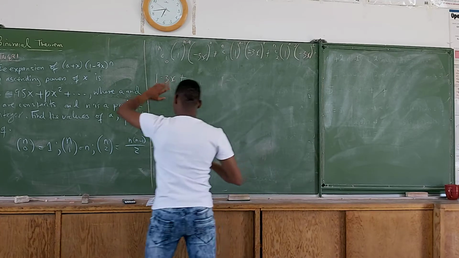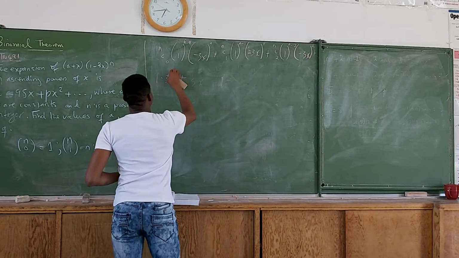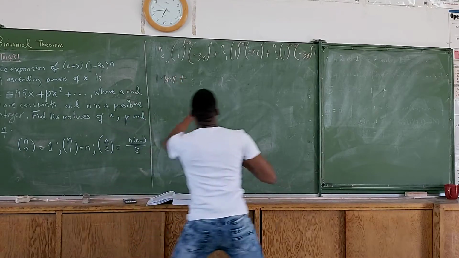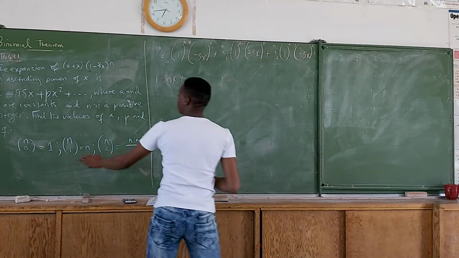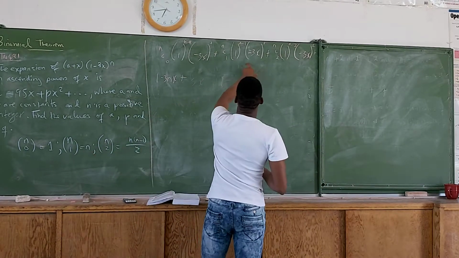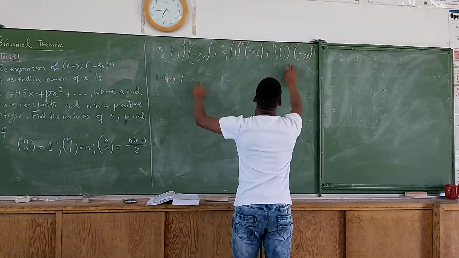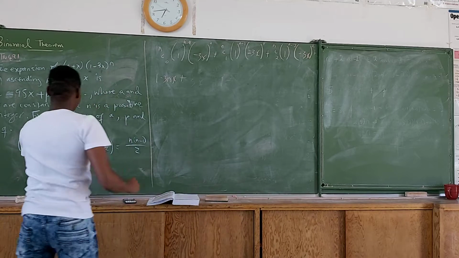Okay, let's see. Where's the 3x coming? Left. This is 7. And then this is. So I'll do this. What is this? Question.